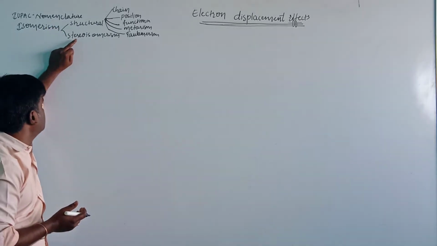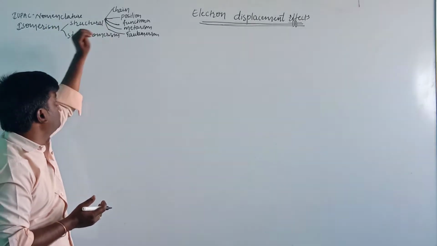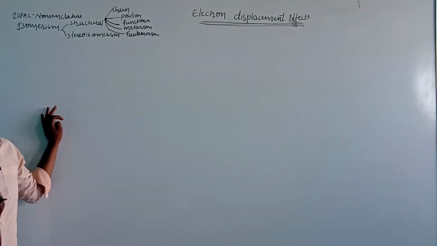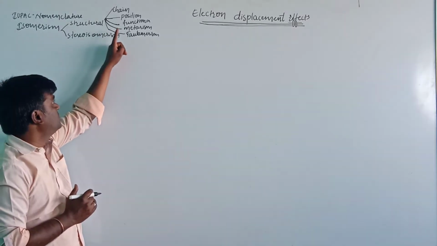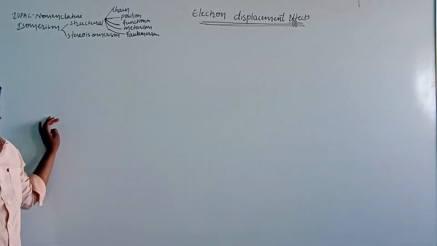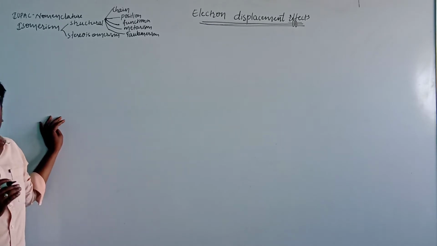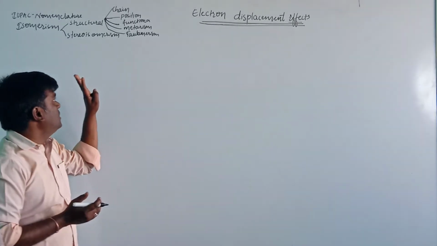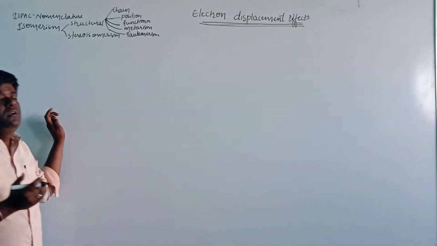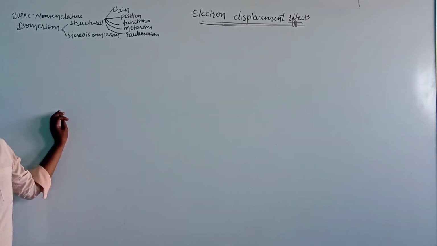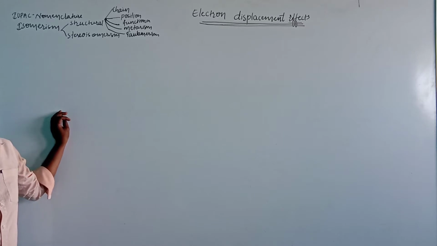Chain isomerism: compounds having the same molecular formula but differing in the number of carbons in the parent chain. Position isomerism means they differ in the position of the substituent or functional group. In functional isomerism, they differ by the functional group. Metamers are compounds having the same molecular formula but differing in the number of atoms on either side of the functional group.